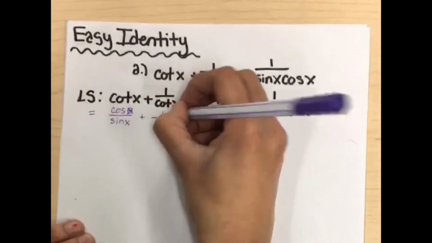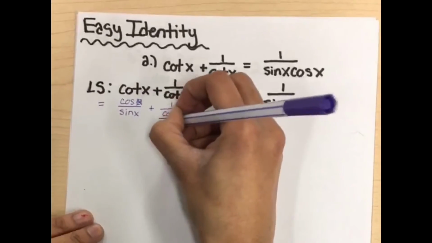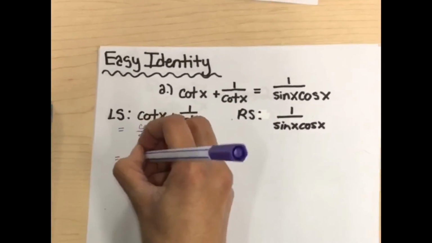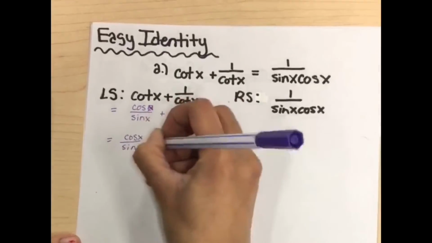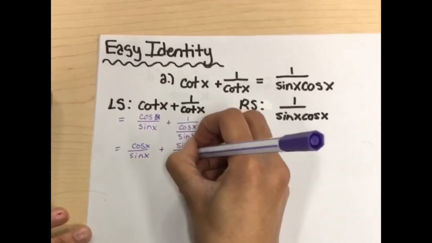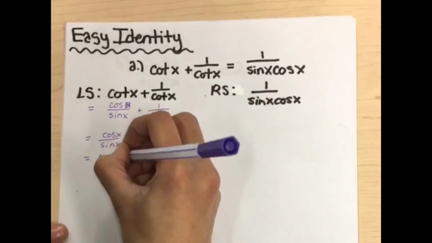This gives us cos x over sine x plus 1 over cos x over sine x. We can then simplify 1 over cos x over sine x into sine x over cos x. Now we're going to create a common denominator of sine x times cos x for both fractions and add them together.